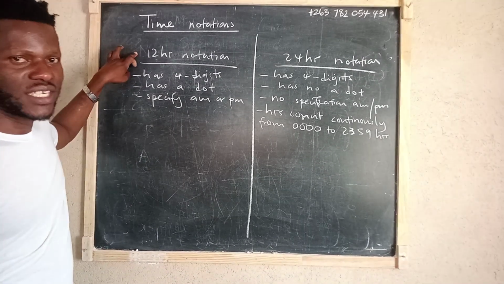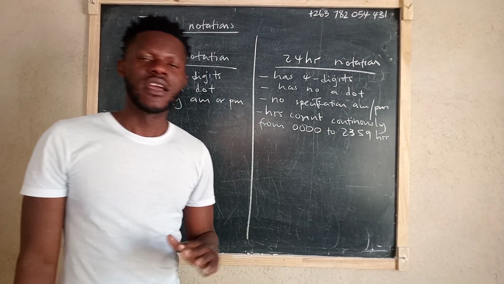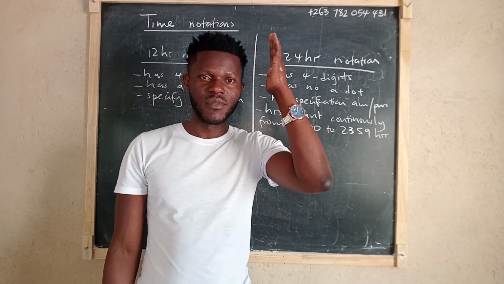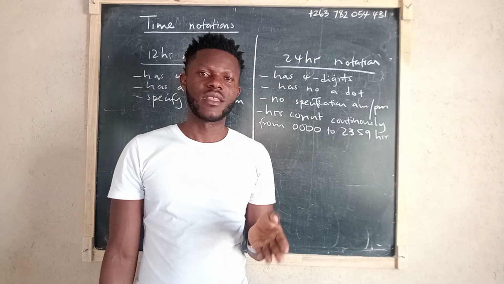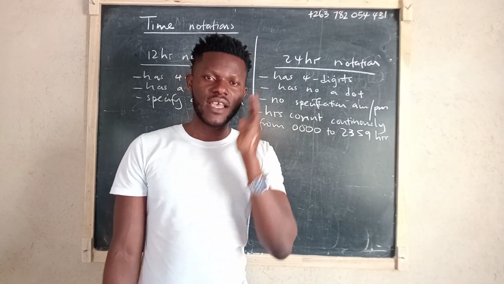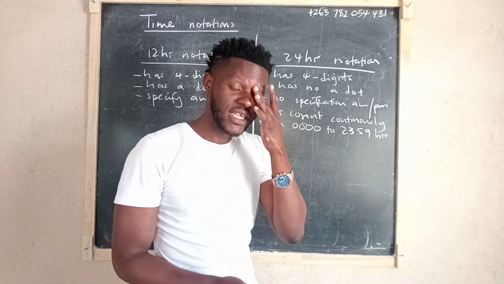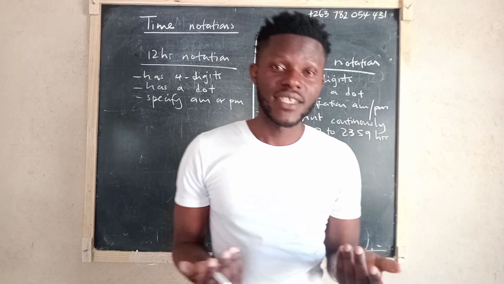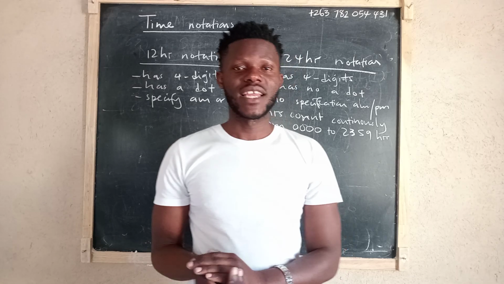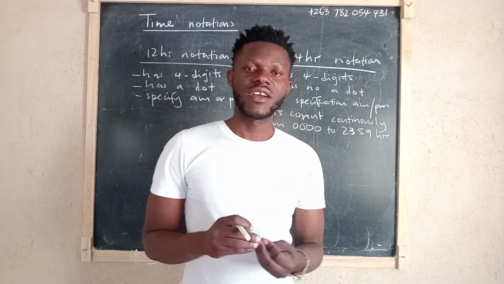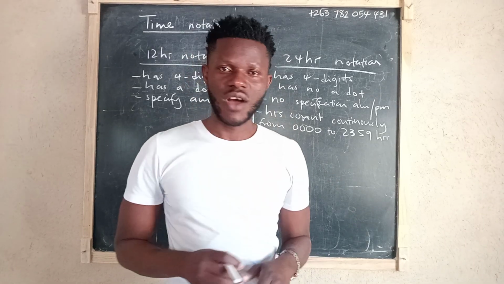Time in 12-hour notation counts only from 0 up to 12, and that's why we say 12 p.m. From 12 midday, we start over to say 1 p.m., 2 p.m. It is called a 12-hour notation because the highest number of hours that we can have is 12. The same applies to 24-hour notation. Remember, a day is 24 hours long.